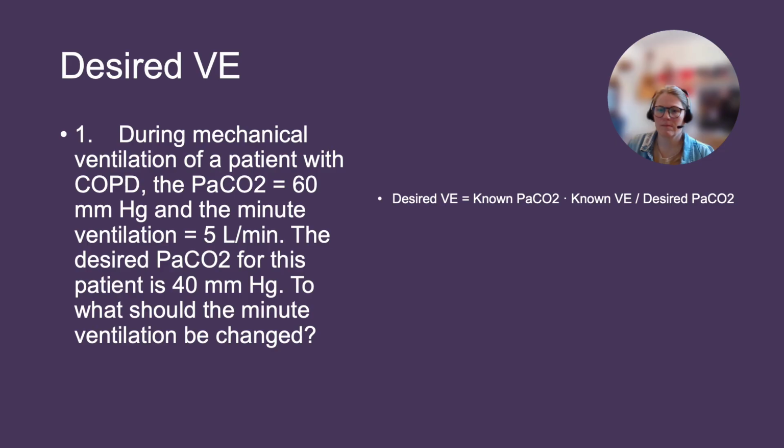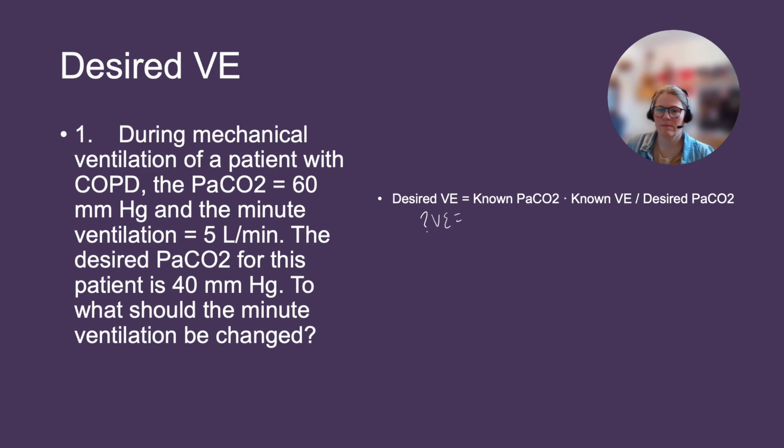So that equation is going to be desired minute ventilation equals known CO2 times known minute ventilation divided by desired CO2. We don't know what minute ventilation we're going to use.